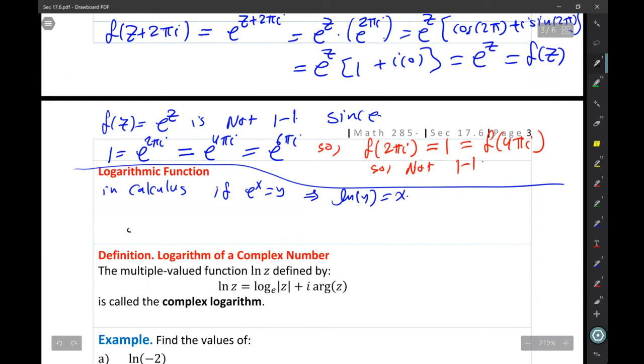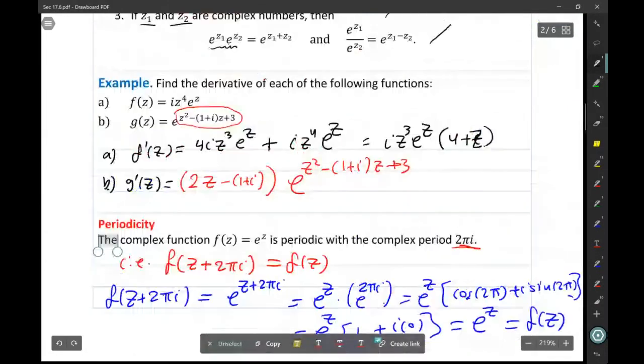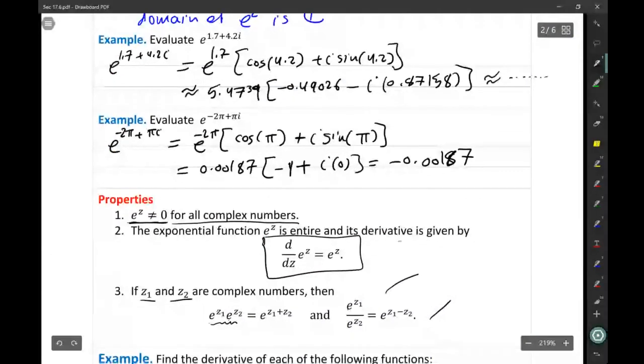Now, e to the power z is defined from the set of all complex numbers, its domain, to a range of complex numbers except 0, because I told you before that e to the power z cannot be equal 0.